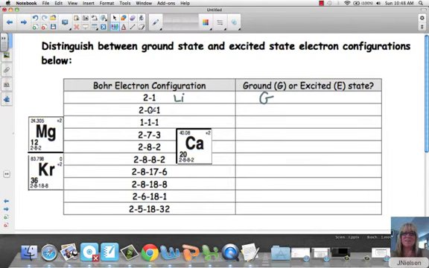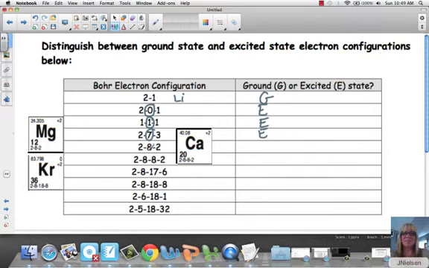Technically, there should be 8 in this principal energy level, so this would be excited. 1,1,1, we gave this as an example of the excited state for lithium. 2,7,3. Our rules tell us that in order for this to be ground, there would be 8 where this 7 is. So this is the problem. I'm going to circle the problems. So this is not filled, this is not filled, and this is not filled. So this is also excited.